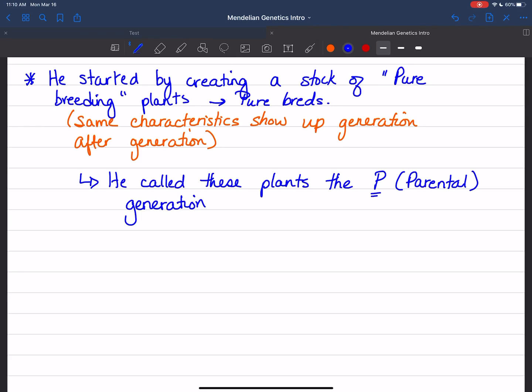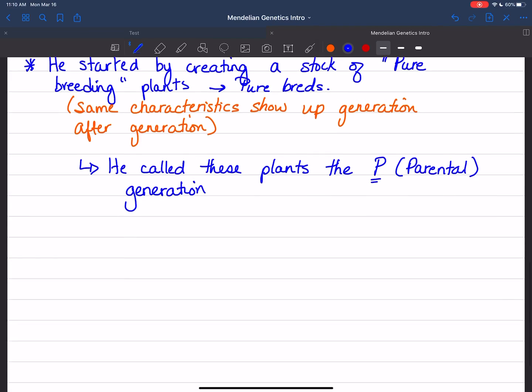Okay, so that's what he used in order to do his crosses. Every time he would start off with purebreds, and he would either cross them together, self-pollinate them, or cross-pollinate them and see what he would see.